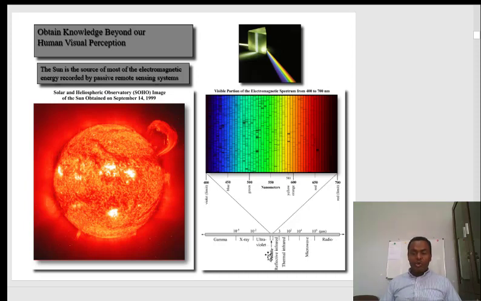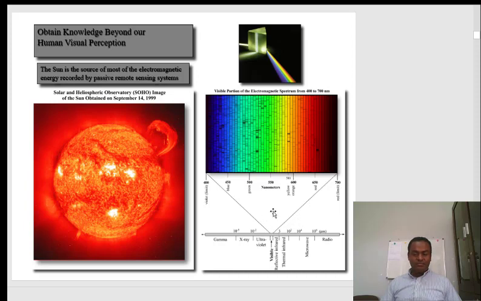There is a small portion which ranges from 0.4 up to 0.7. This is in nano, but I'm talking in micrometer. So this is a very small portion of the whole range of the electromagnetic spectrum, and this is the portion where the human eye can operate. Very small portion. How can we say seeing is believing?